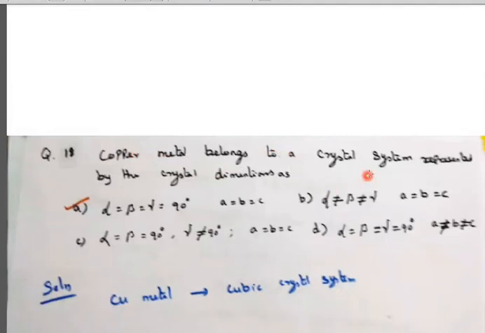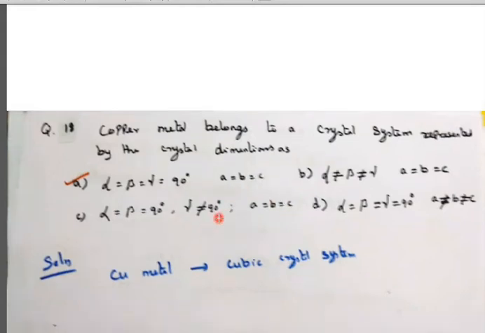Copper metal belongs to a crystal system represented by the crystal dimensions alpha equal to beta equal to gamma equal to 90 degrees, A equal to B equal to C. So all the parameters are given: this is the axial angle, and this is the distance. Both are given together. So copper metal is a cubic crystal system. All are symmetric.